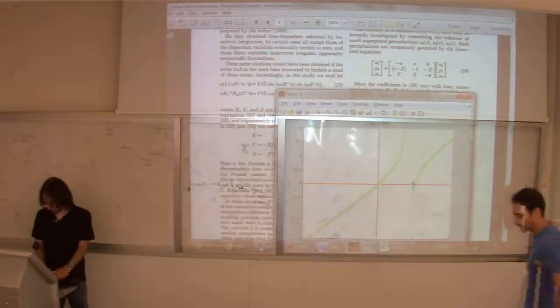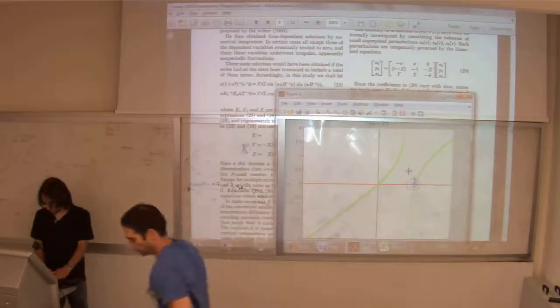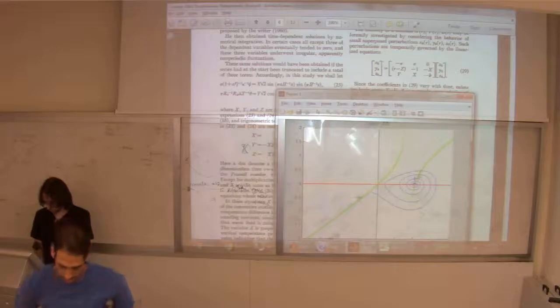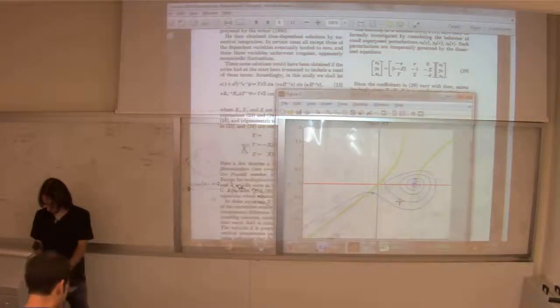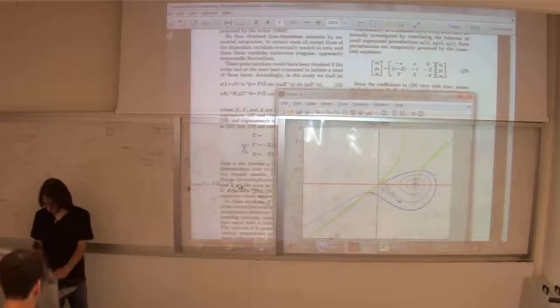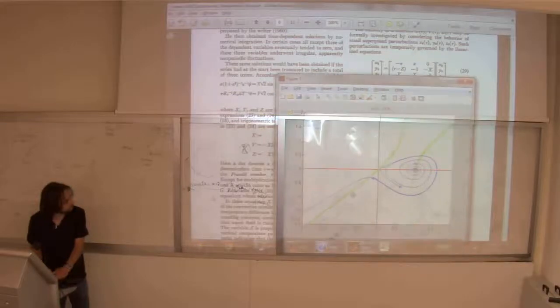So this is the unstable fixed point, and I can see that trajectories spiral out of it. And this trajectory here approached the saddle, was thrown away next to the unstable manifold, and then came back next to the stable manifold and was thrown away again.